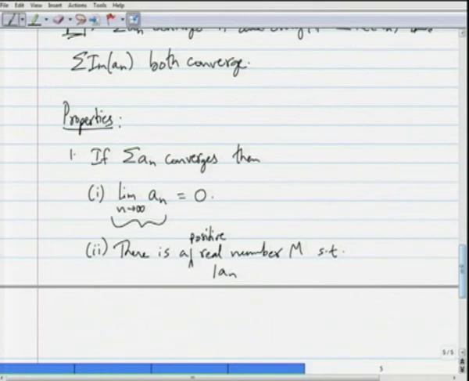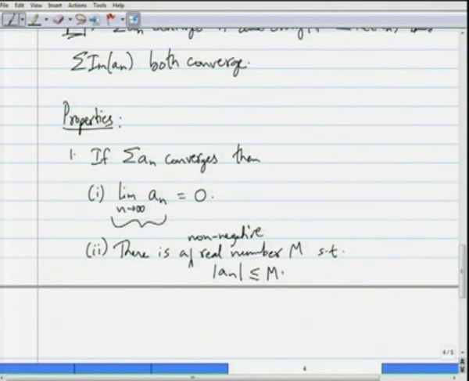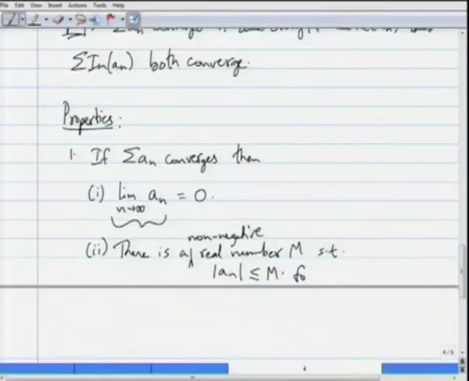Maybe I should say there is a non-negative real number m, because it could be 0, such that the modulus of a n is less than or equal to m. So, whenever the series sigma a n converges, the modulus of the nth term has to be less than or equal to m for every n.